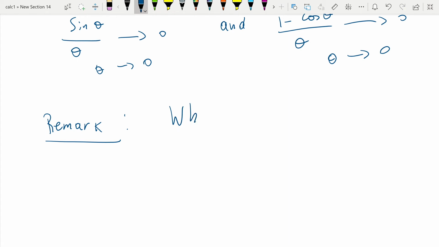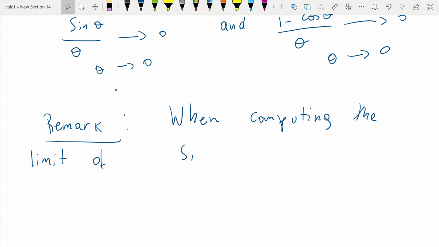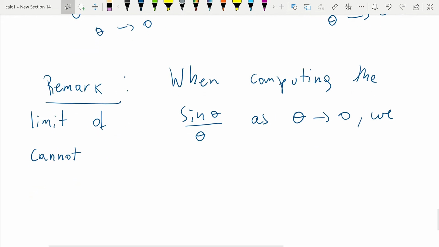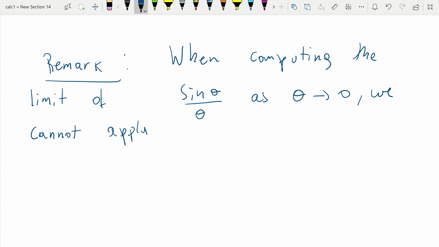When computing the limit of sine of theta over theta as theta approaches 0, we cannot apply the law of the product.